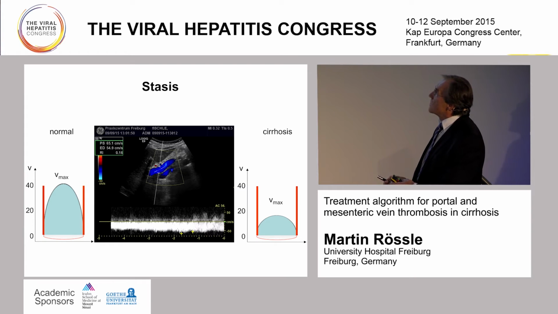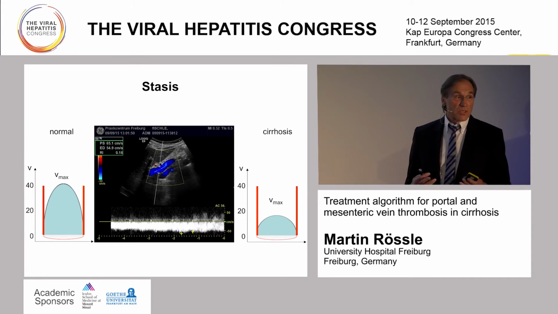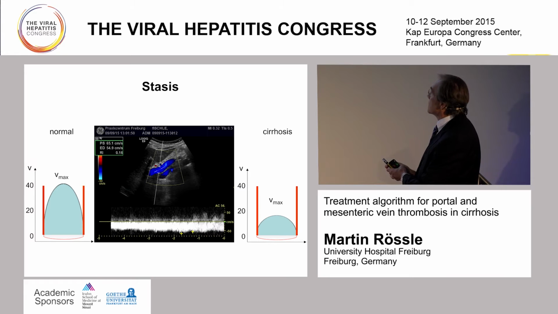And this is also demonstrated here in this Doppler sonographic photograph. You can see here the portal vein with the Doppler probe, and you see the Doppler probe covers the whole width of the portal vein. And here is the flow velocity profile, and you see there are some particles which do not move at all, which have a flow velocity which is close to zero. This is the zero line.